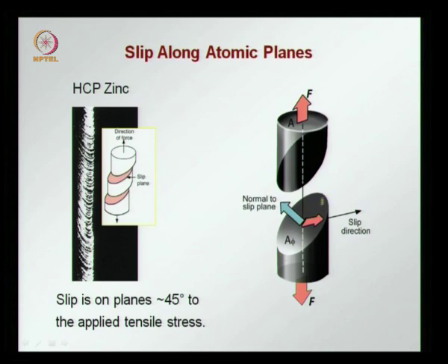Slip requires shear stress and slip occurs in the direction of the shear stresses. That is why in this case you have slip occurring along planes at about 45 degrees to the direction of the applied tensile stress.